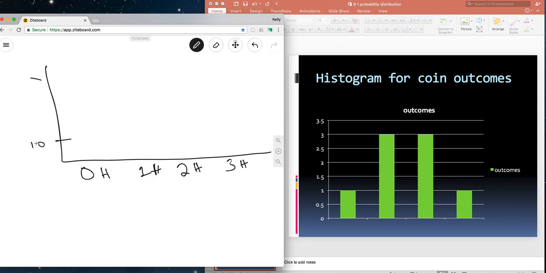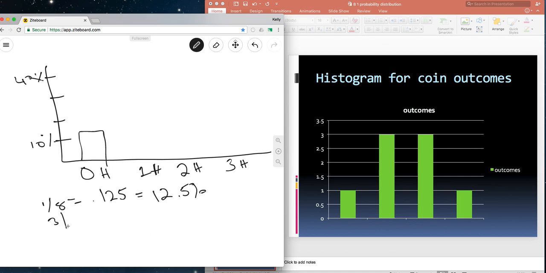So maybe this is 10%, and 20%, and 30%, and 40%. I don't think it's going to get much higher than 40. So when I do 1 out of 8 on my calculator, I get 0.125, which is really 12.5%. So that means 0 heads needs to go up to about 12%.